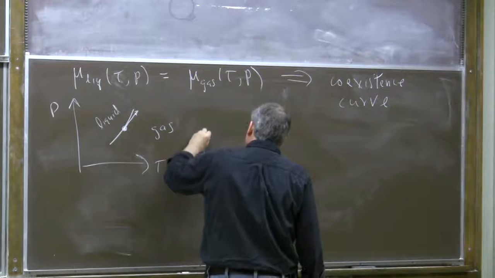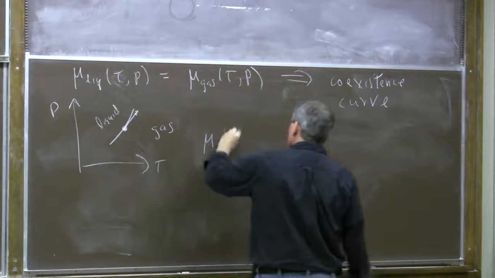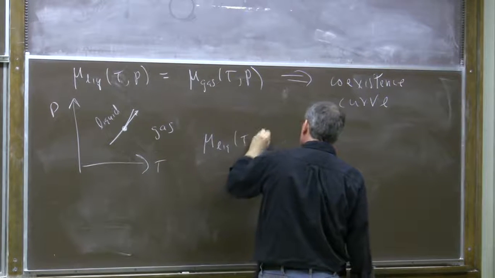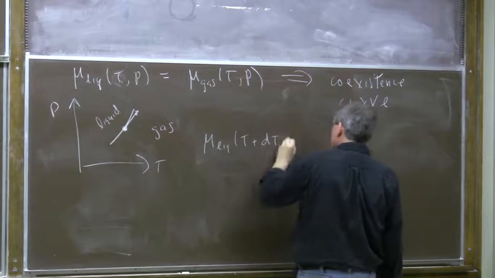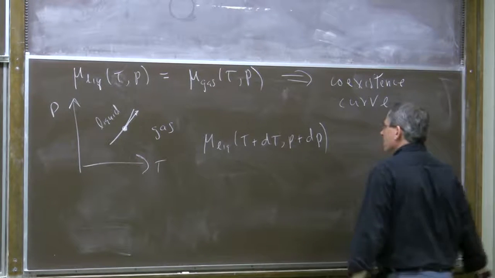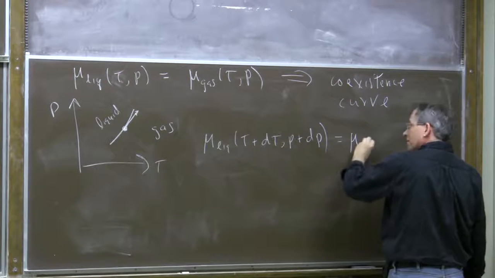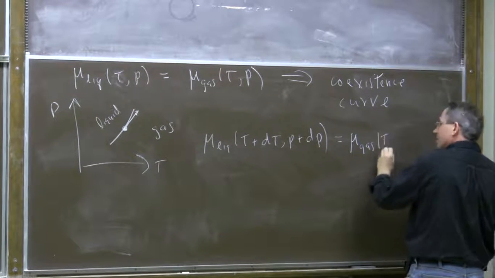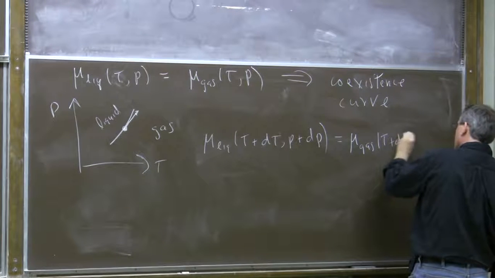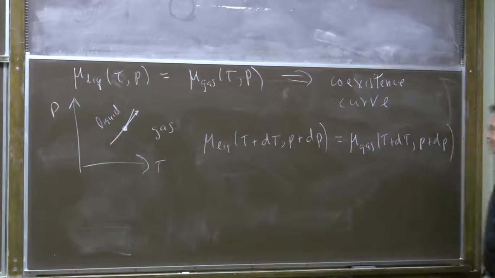So I consider the chemical potential at a slightly different temperature and pressure, say tau plus d tau, p plus dp, and that has to continue to match the chemical potential of the gas, okay?